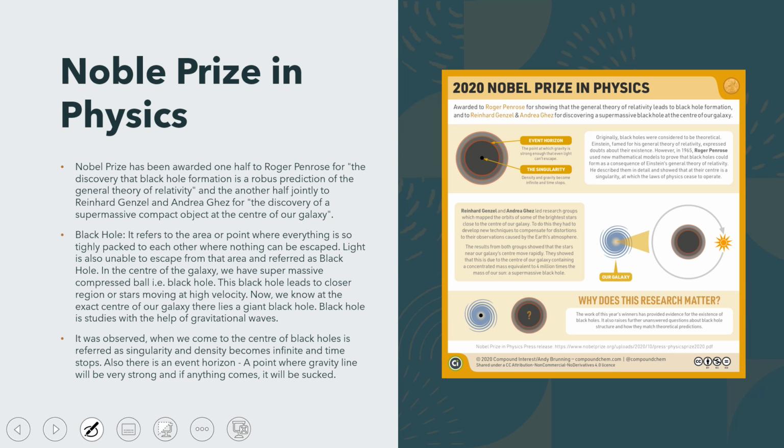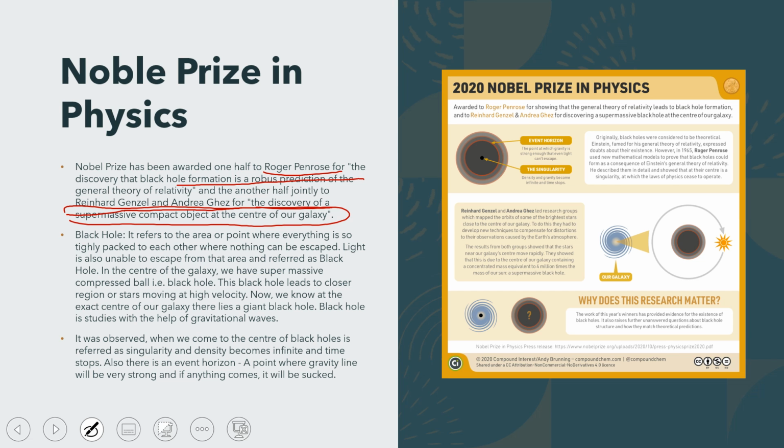One half has been awarded to Roger Penrose for the discovery that black hole formation is a robust prediction of the general theory of relativity, and the other half jointly to Reinhard Genzel and Andrea Ghez for the discovery of a supermassive compact object at the center of our galaxy.